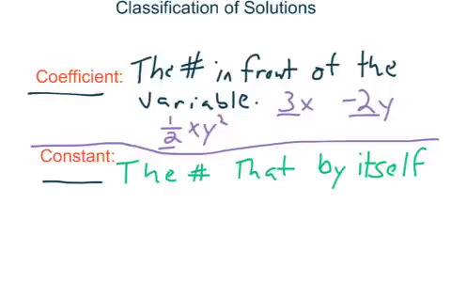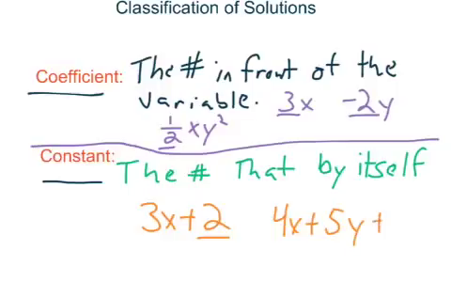For example, in the following expression, 3x plus 2, the item that doesn't have a variable next to it is the 2, therefore it is the constant. If I had another expression like 4x plus 5y plus 3/4, again, the constant is the number that's by itself. It does not have any variables attached to it.